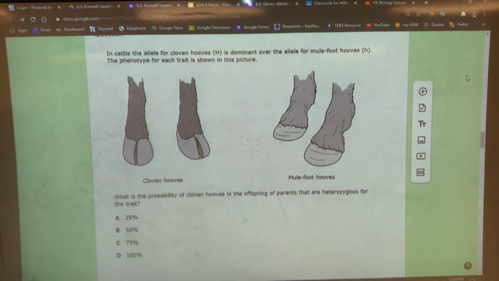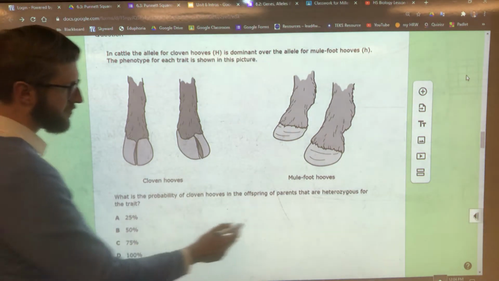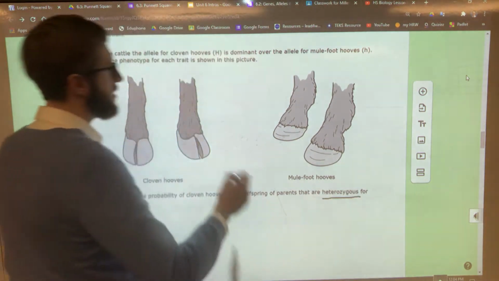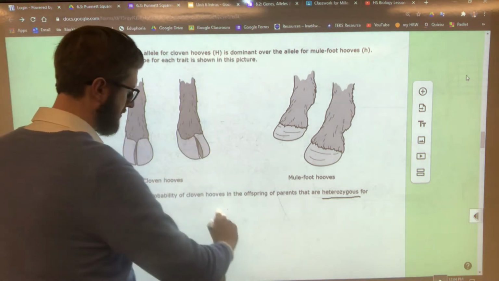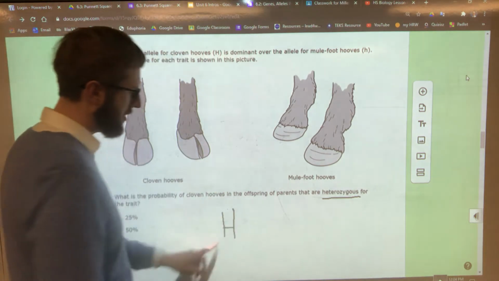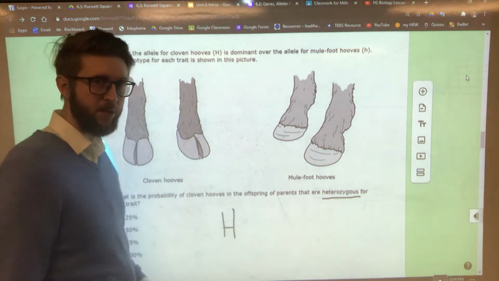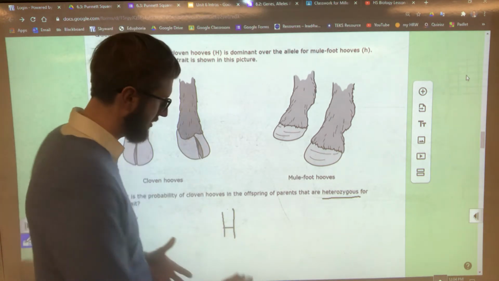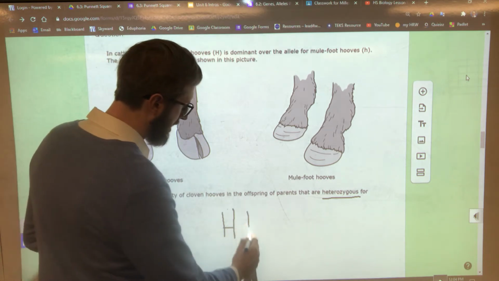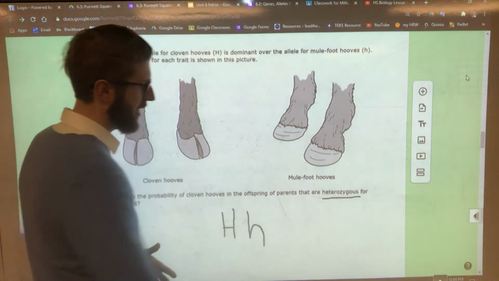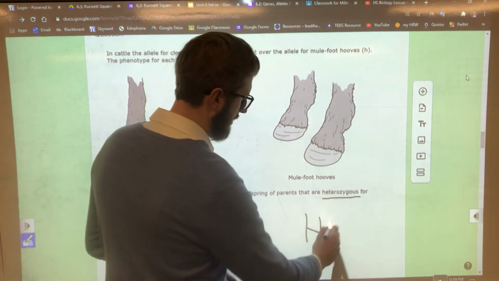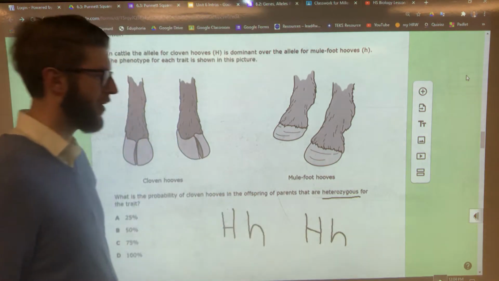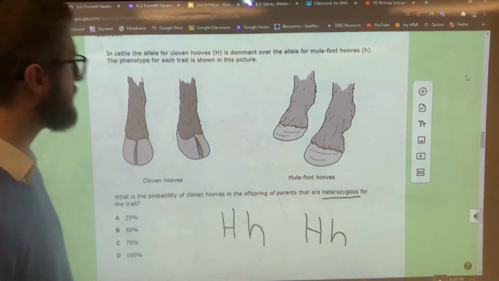If you will recall, heterozygous means that the genotype is different. The 2 alleles are not the same. They're different. That's what hetero means, different. So that means that mom is going to be big H, little h, and dad is also going to be big H, little h, because both parents are heterozygous, okay?